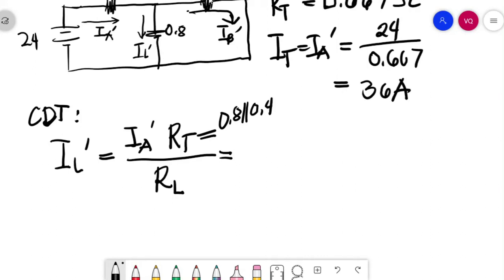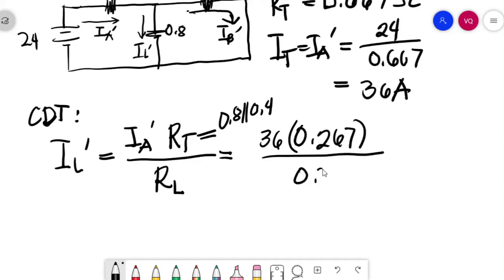So, IA prime is 36 times 0.8 in parallel with 0.4, that is 0.267, divided by RL, which is 0.8. So, IL prime is equal to 12 amperes.